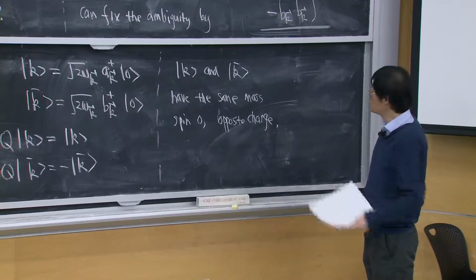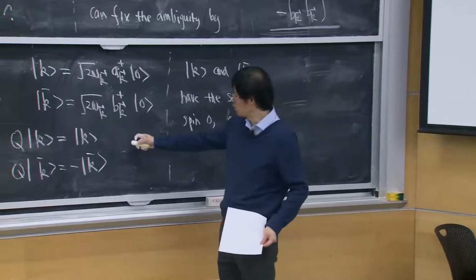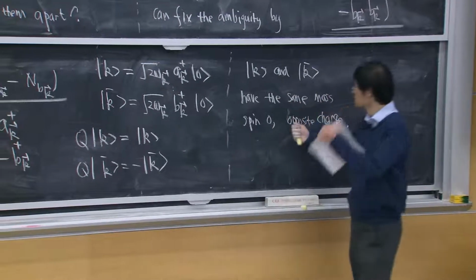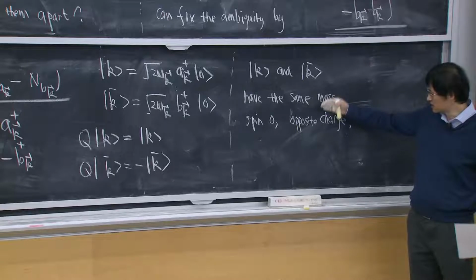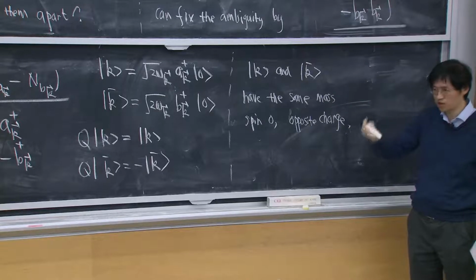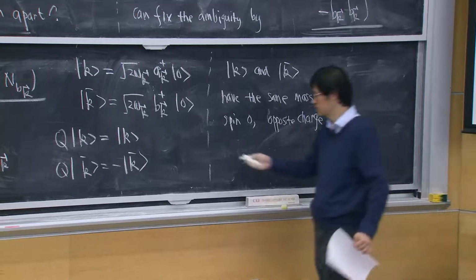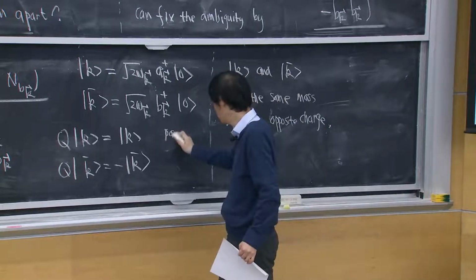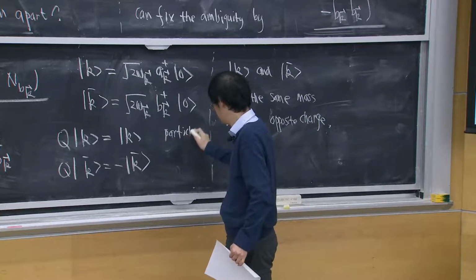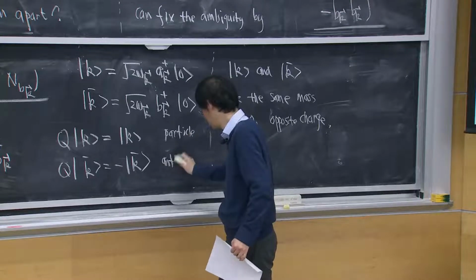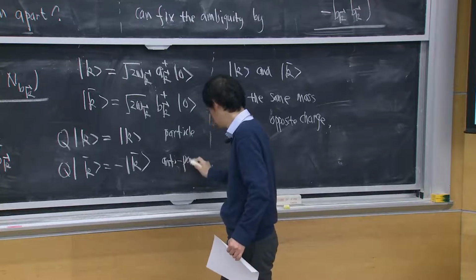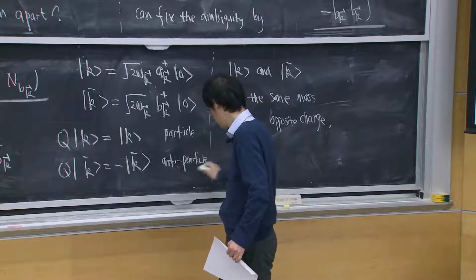So normally, in this case, where all their quantum numbers are the same except they have opposite charge, we call them particle and antiparticle. So this we call create a particle, and here we say they create an antiparticle.